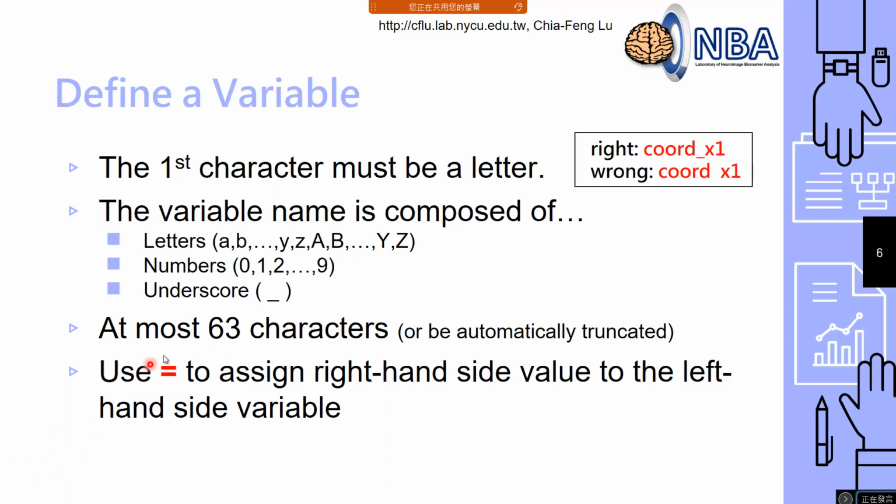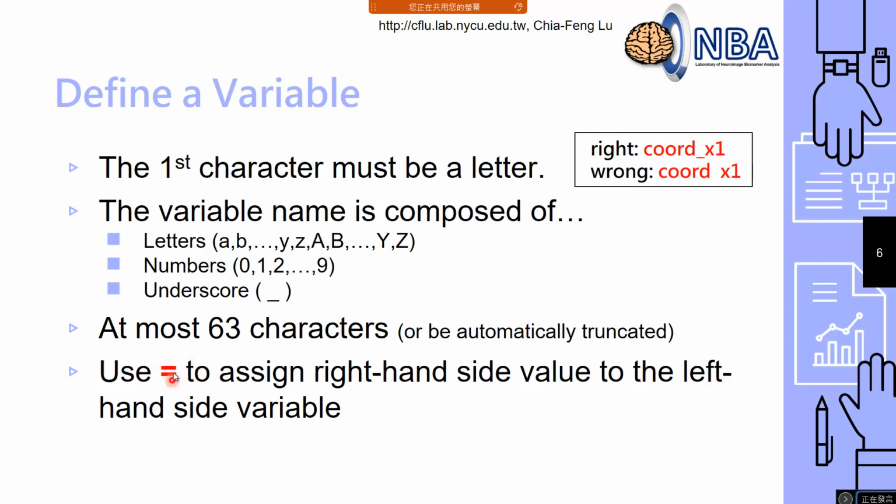Okay, take a look right here. Every single time when you see this sign, don't treat it like equals. Don't say that. From now on, I would say assign. So when you see A equals 3, I would say we are going to assign 3 to A. Do you understand me?